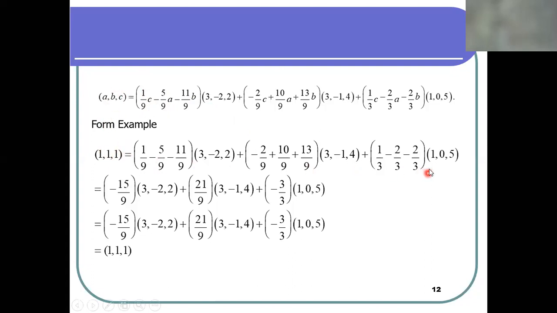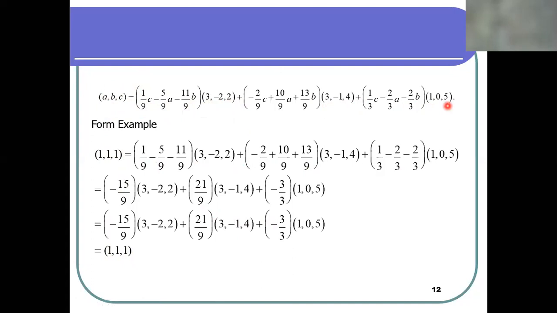I solve all these equations, and I get the right hand side again equivalent to 1, 1. It means that you can place any element of R cube and generate it. So we can say the three vectors span the vector space R3.